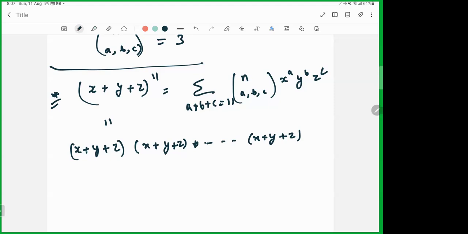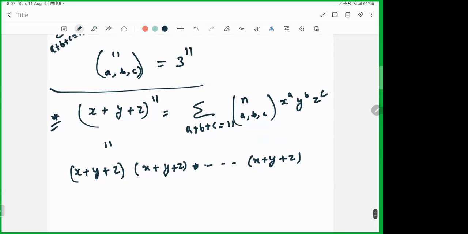When you are choosing the x slot a times, the y slot b times, the z slot c times, this is exactly the same as the definition of n choose a comma b comma c: a objects of type x, b objects of type y, c objects of type z. This is the definition of this term.